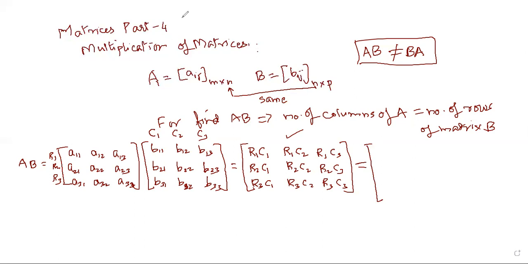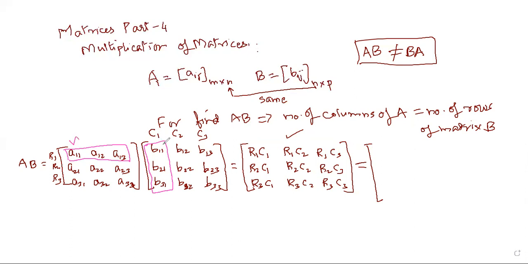So how will we multiply the first row with the first column? This first row will be multiplied with the first column to get only the first element of the product matrix. How?